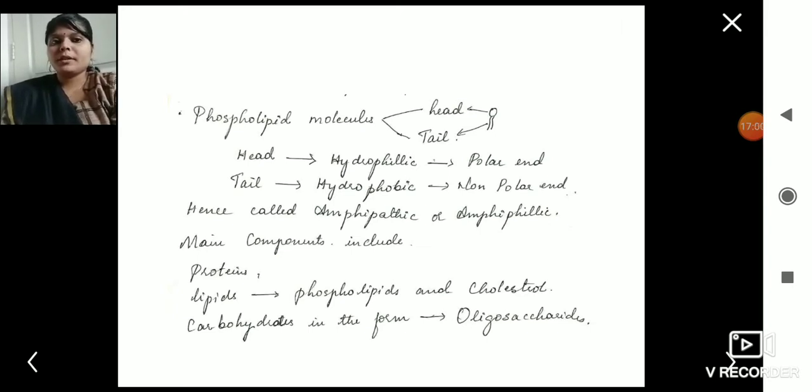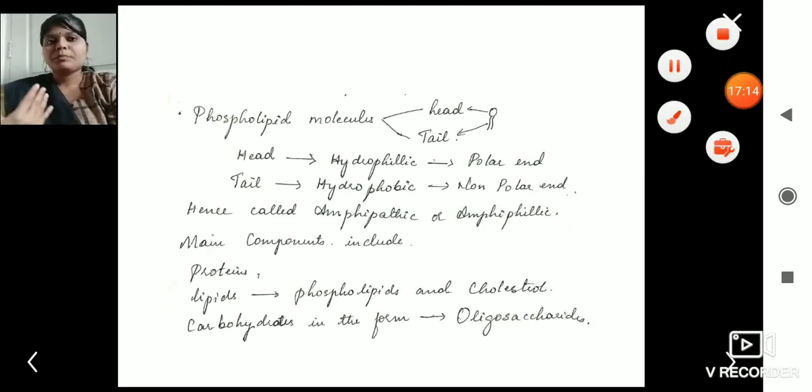Hence we call them amphipathic or amphiphilic, meaning it is polar also, non-polar also, isn't it? That's how the amphi nature is seen.